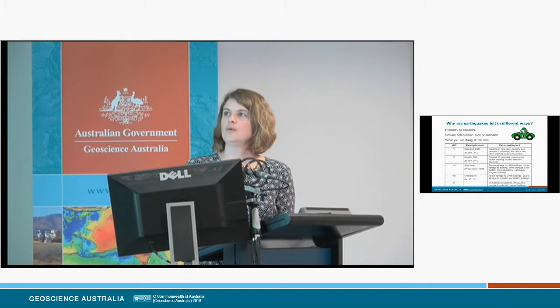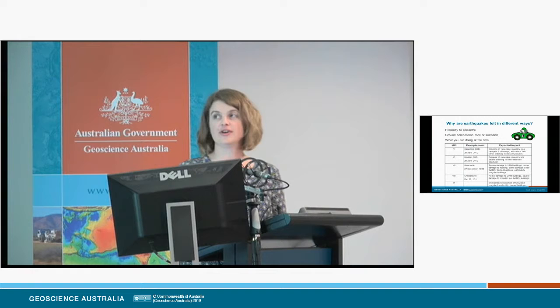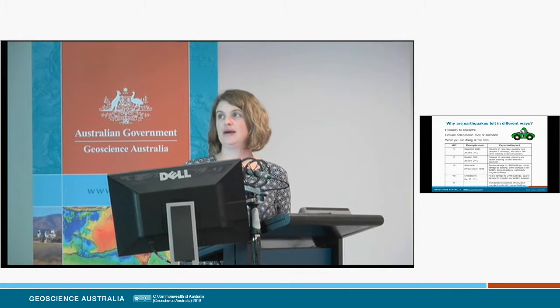So one way of measuring the ground shaking is we use the modified Mercalli intensity scale here. And here's a table of some example events from historic earthquakes around Australia and their expected impacts on buildings.